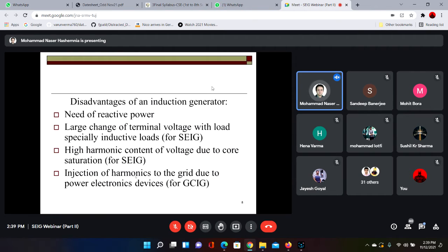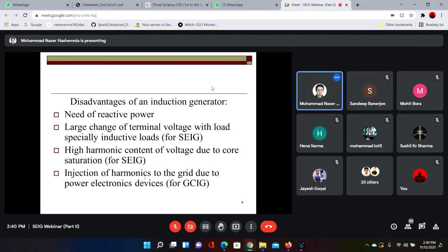The second one, with injection of harmonics known as switching harmonics, is for the grid-connected induction generator with power electronic device interfaces. So in both cases, we can have the problem of harmonics. Of course, the source of harmonics is totally different. For the self-excited induction generator, the source of harmonics is saturation. It is magnetic. But for the grid-connected type, the source of harmonics is switching, which is related to power electronics.